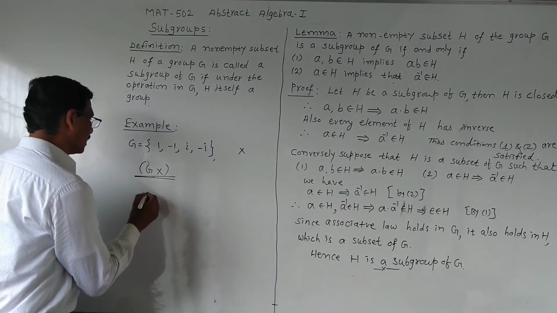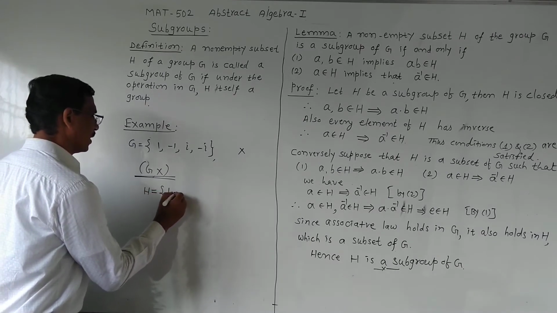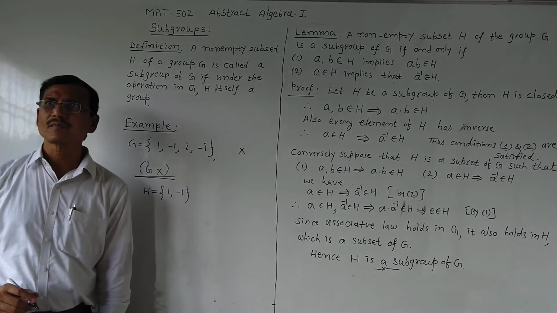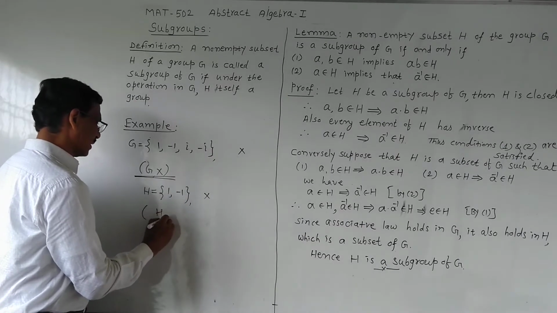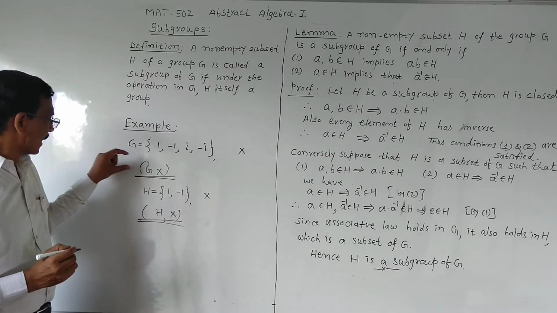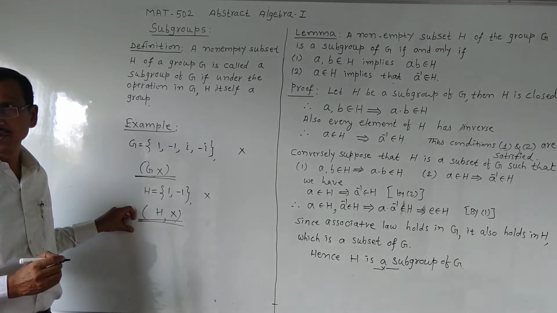And if you consider H is a set of two elements, 1 and -1, again with respect to multiplication, (H, ·) is a group. (G, ·) is also a group.